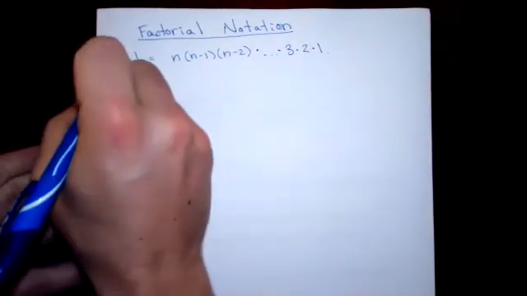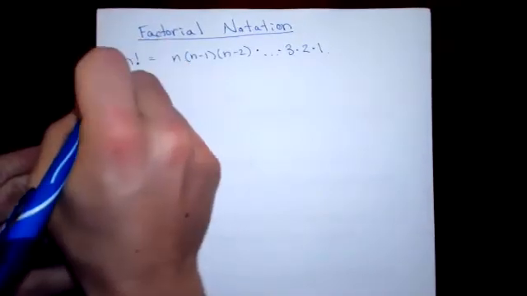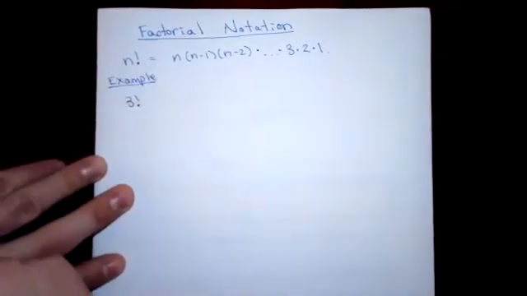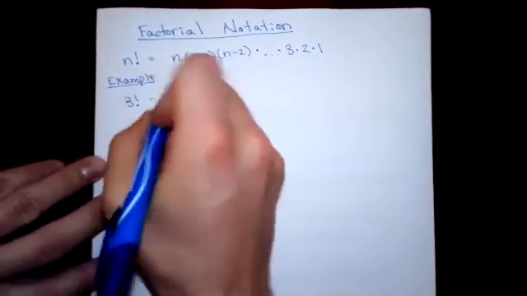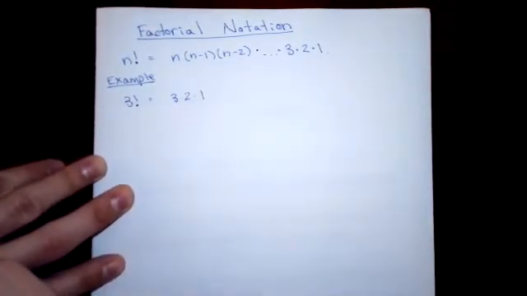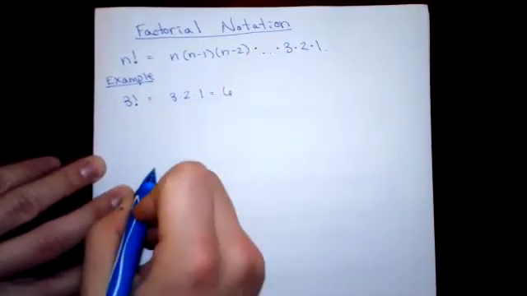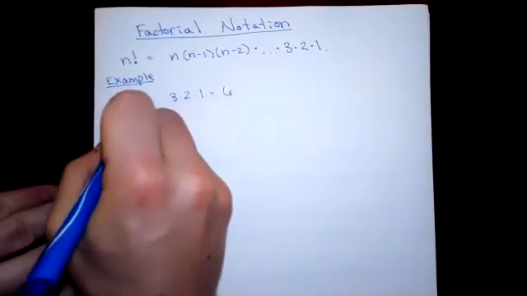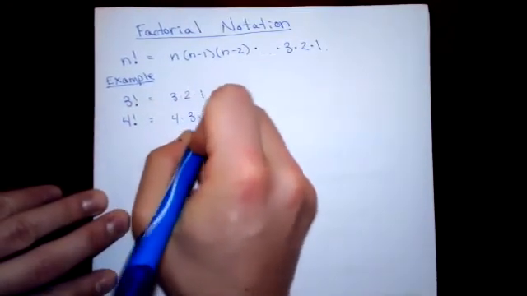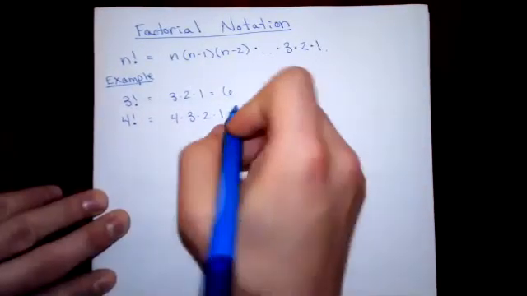So for example, 3 factorial means 3 times 2 times 1, which is 6. 4 factorial is 4 times 3 times 2 times 1, which is 24.